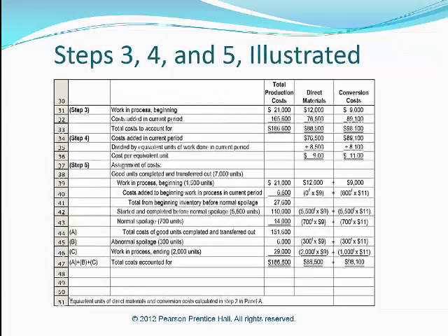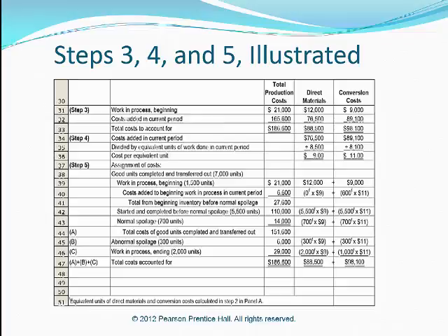Alright, we had work in process beginning. Recall that we are doing the FIFO method, and we're going to consider that those costs invested in a prior period, we're going to separate those out. You do see that we're adding them together here in step 3 to give us the total cost to account for.